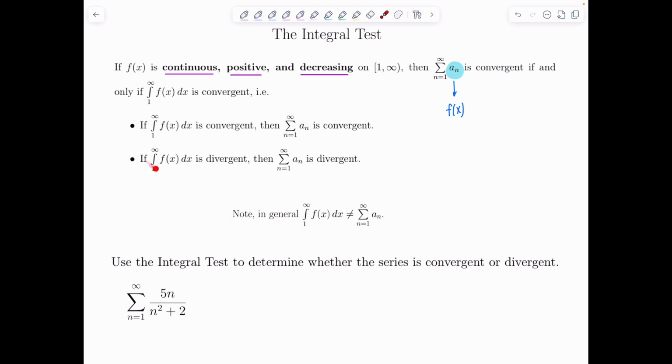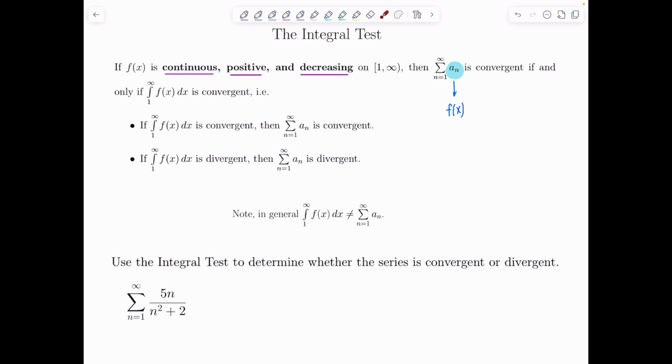You rewrote it as a limit, and then at the end you evaluated the limit. So if the improper integral converges, then the sum n equals 1 to infinity of a sub n is convergent. And basically f of x is kind of the same thing as a sub n. I'm just making it now a function of x instead of using a sub n. And then same thing here. If the improper integral is divergent, then the sum of a sub n is divergent.